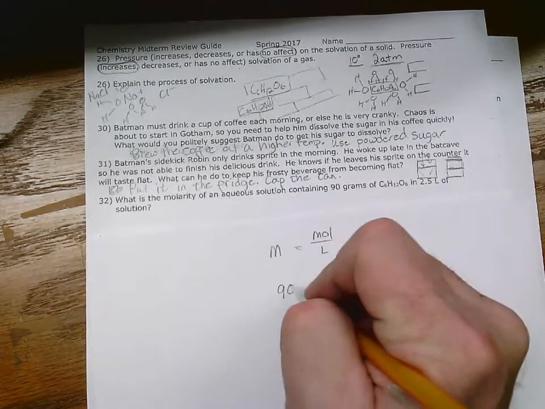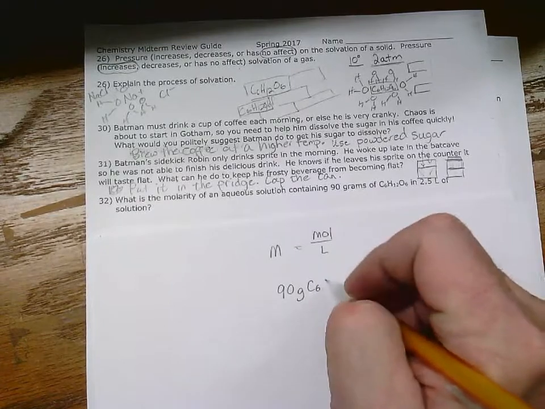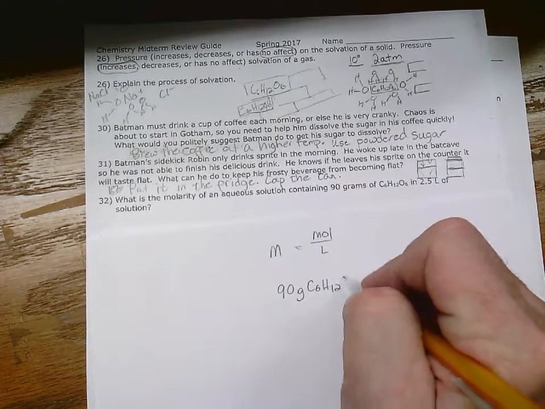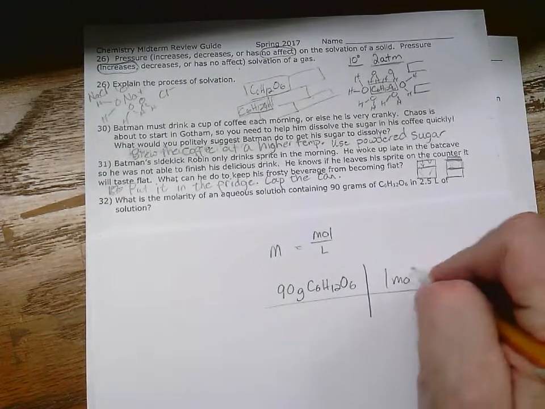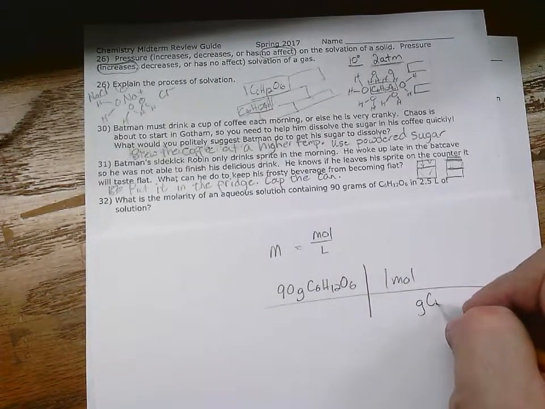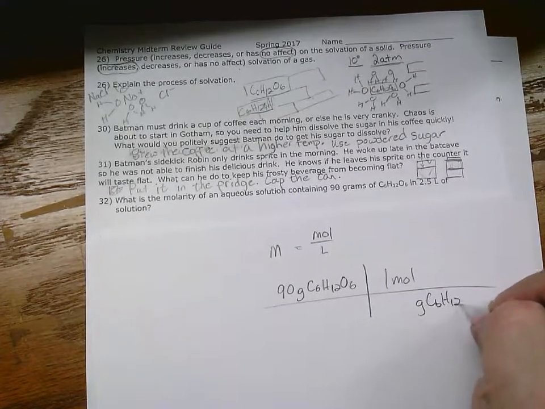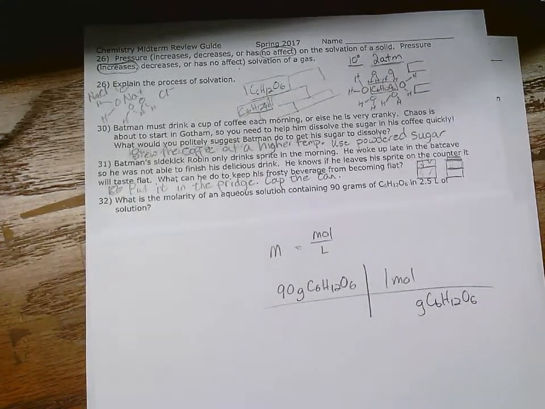So we have 90 grams C6H12O6. And this is going to be 1 mole, and this is going to be grams C6H12O6. And so I need to do a little bit of calculating, figure out what my molar mass is that's going in right here.